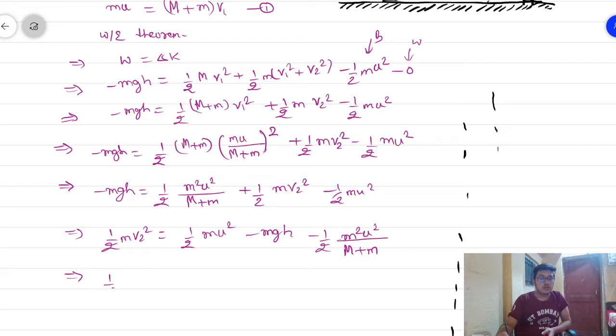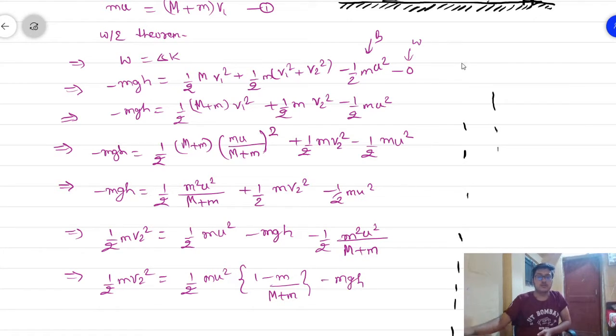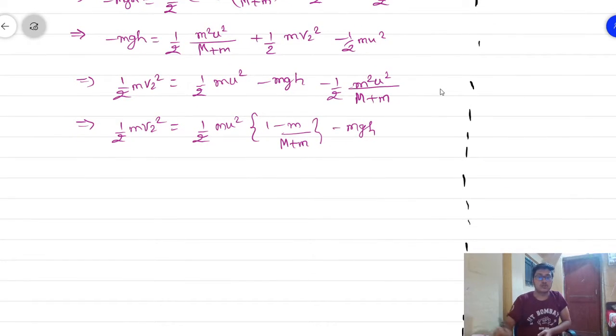We'll get half m v2 square equals half m u square, I'll take as common, and we'll get 1 minus m over (M plus m), minus mgh. Then we can do one thing, half m v2 square equals half.